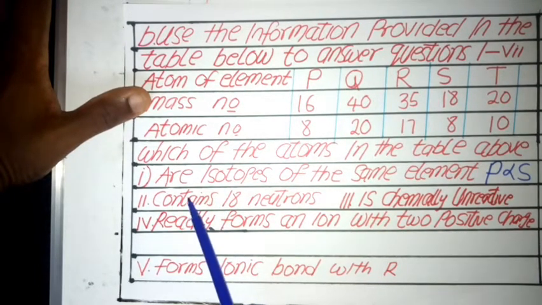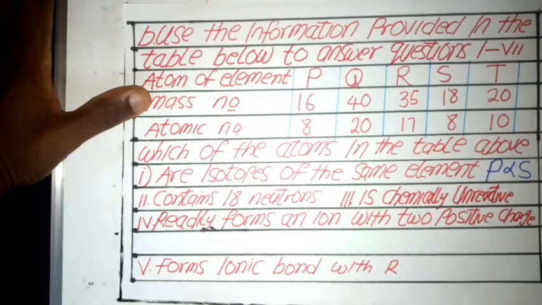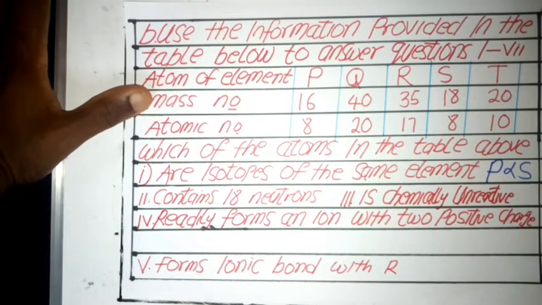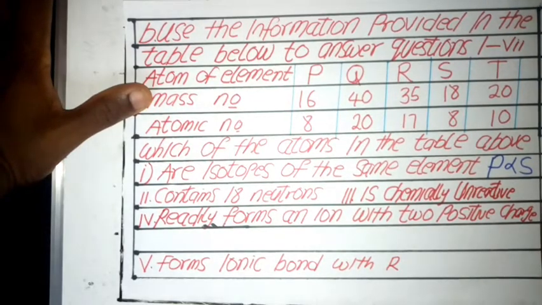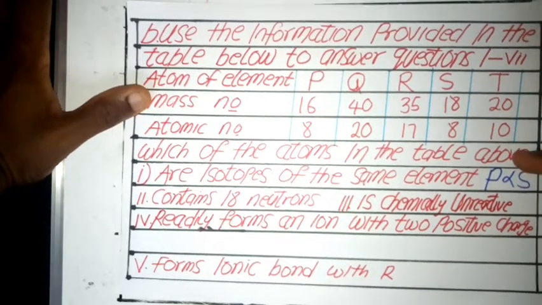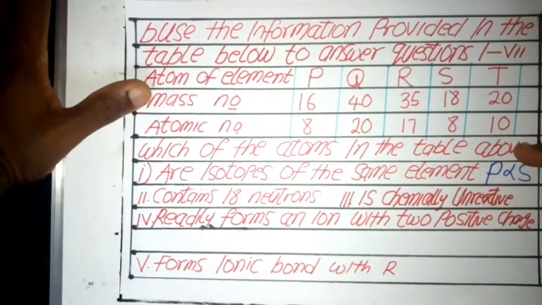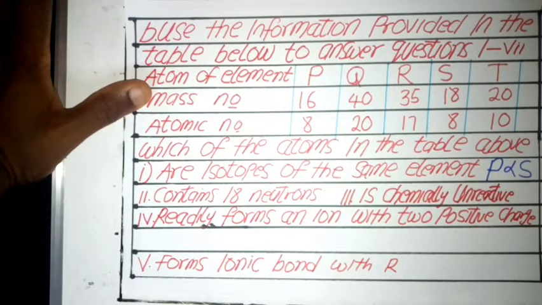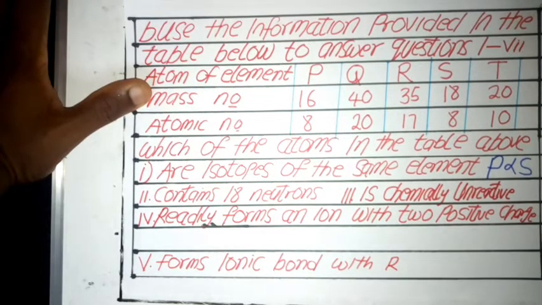Then the next question. Which of the atoms contains 18 neutrons? 18 neutrons. Of course, to get the neutrons, you subtract the protons from the mass number. Proton plus neutron equals mass number. So in order to get the neutron, you subtract the proton from the mass number.